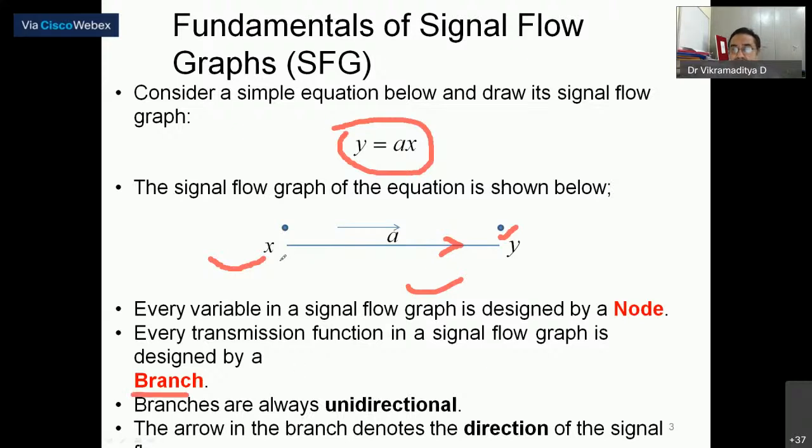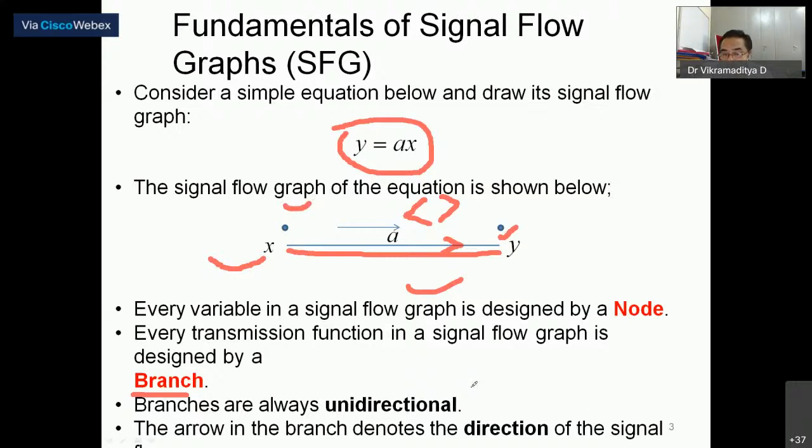How the signal is transmitting is represented by a straight line, and this straight line is a branch. Each branch is associated with an arrow sign, in either direction, according to the equation representing the system. So the node is clear. A branch is nothing but the transmission link with the arrow sign.